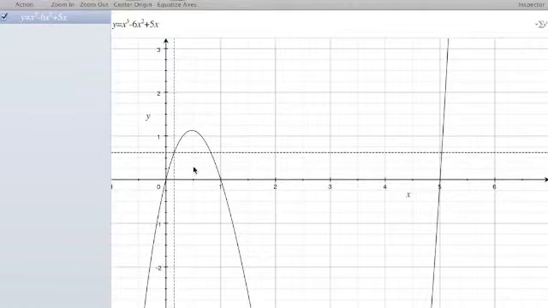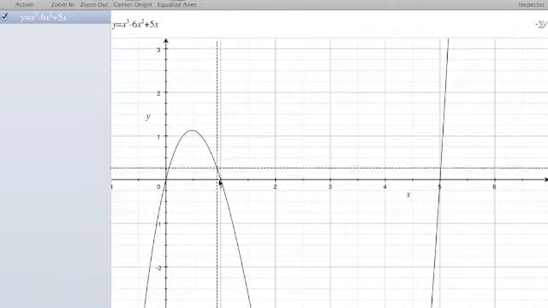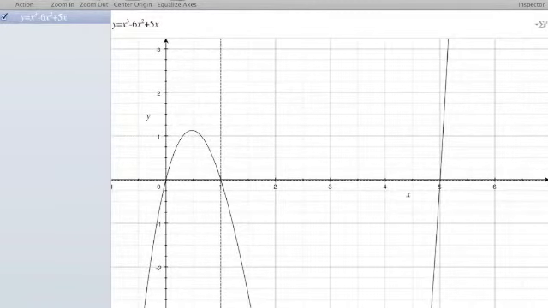If we continue our trace along, around 1, our y is also 0. So it looks like 0 is a zero of this function. It crosses the x-axis there. x equals 1 is also a zero of this function.